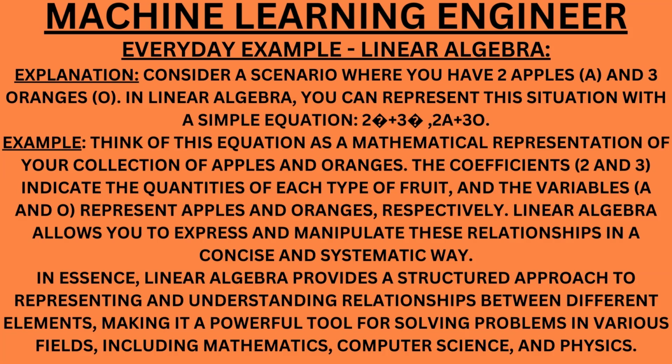Linear algebra allows you to express and manipulate these relationships in a concise and systematic way. In essence, linear algebra provides a structured approach to representing and understanding relationships between different elements, making it a powerful tool for solving problems in various fields, including mathematics, computer science, and physics.